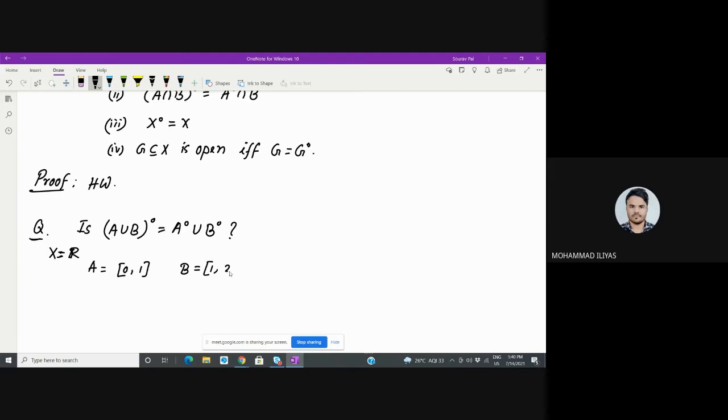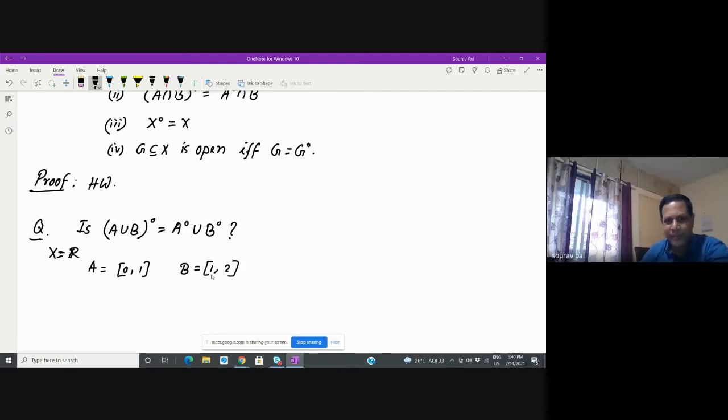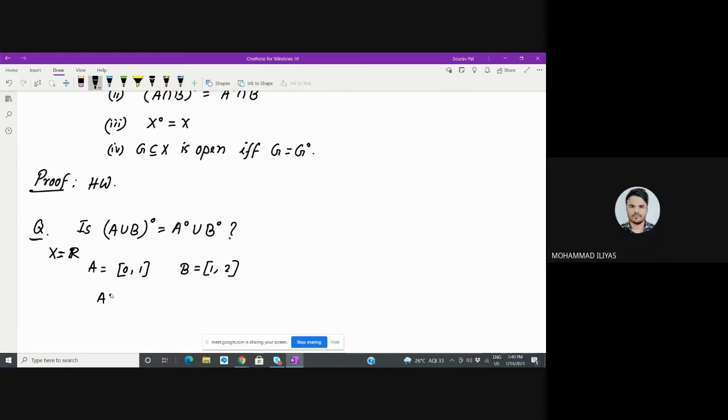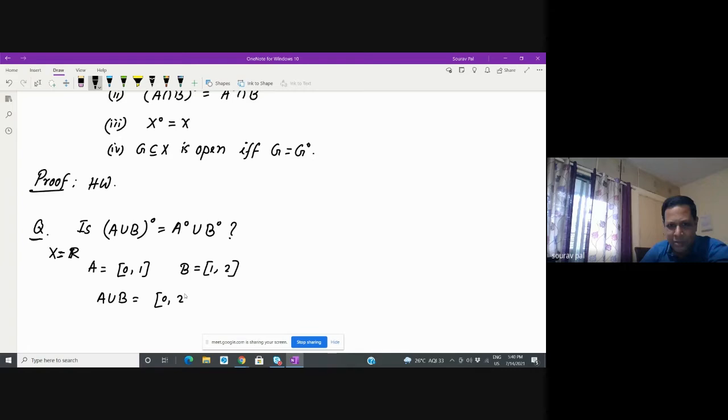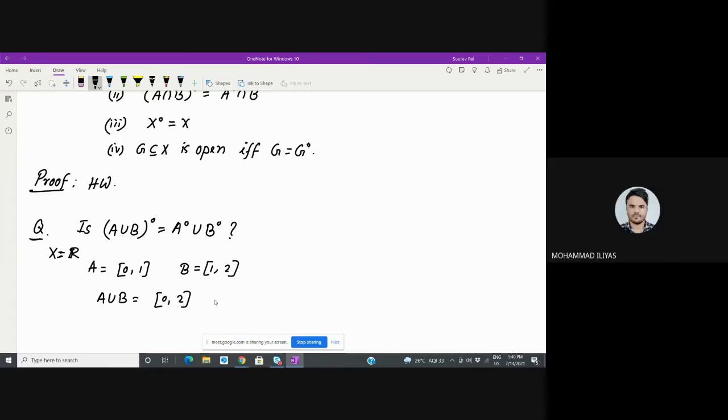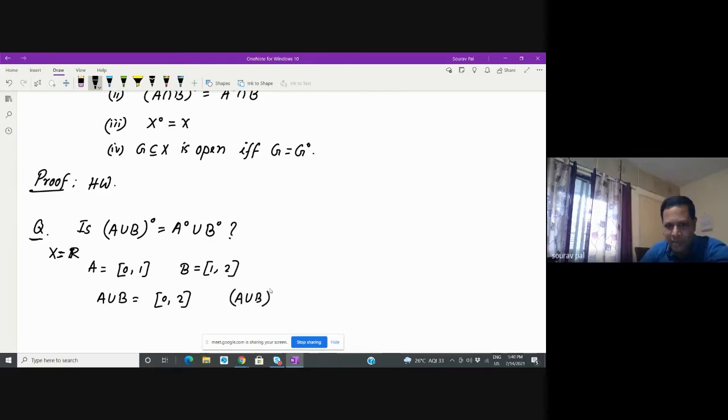Then what is A union B? A union B will be the closed interval [0,2]. Its interior will be the open interval (0,2).